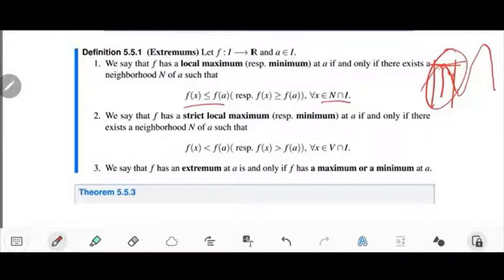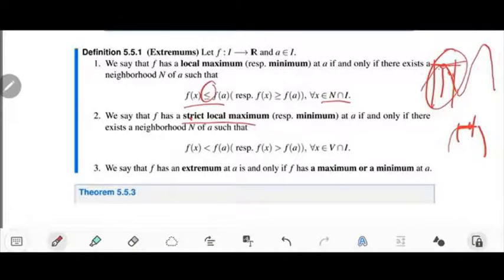And we say also that f has a strict local maximum if this inequality is strict. In the first inequality you might have something like this, where it becomes horizontal and then goes down. This is a local maximum which is not strict, because you have values having the same value as this maximum in any neighborhood you choose around it.